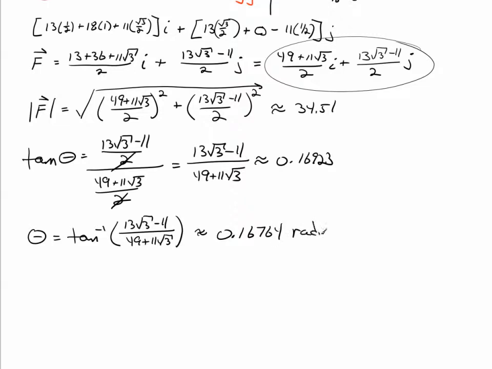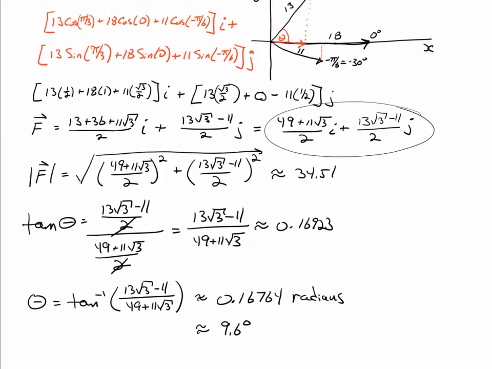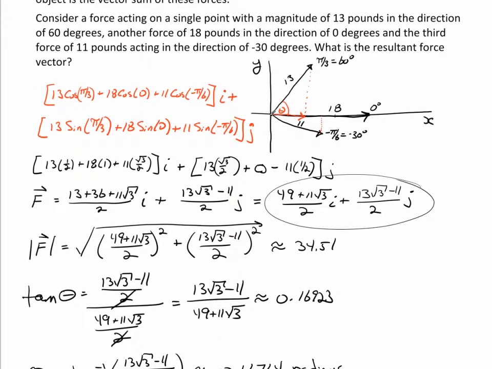If I multiply this by 180 over pi, I'll get approximately 9.6 degrees. So 9.6, roughly 10 degrees. So that's somewhere in here, give or take a little bit, and a length of 34. If this is 18, double this is 36, a little bit less, 34, right about here.